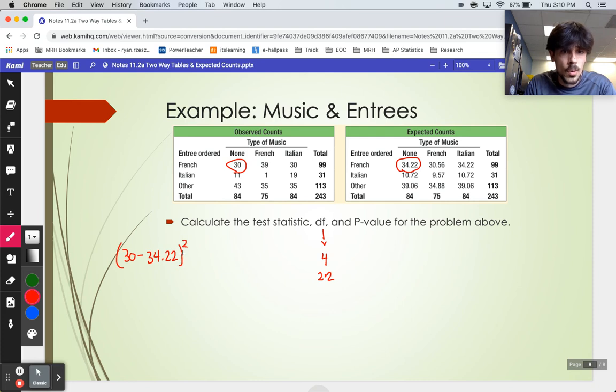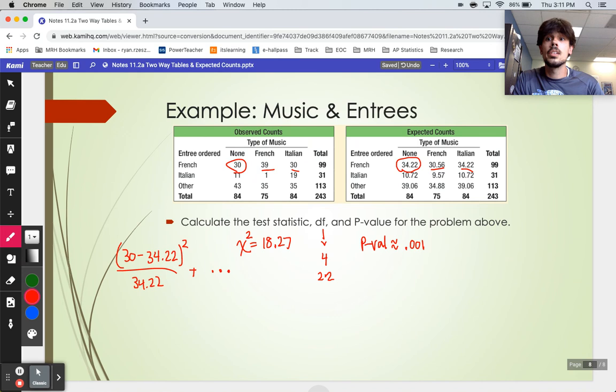I would square that, and I would divide by the expected of 34.22. I would do the same thing with top middle, top right, etc., etc. And there's going to be 9 of these components in all. I'm going to come back with the answer. I don't expect you to write all of those out and do it, but that is how it would be done in theory.